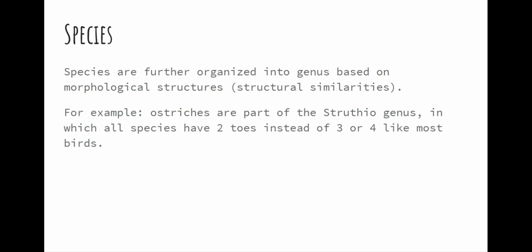So for example, ostriches are part of the Struthio genus, in which all the species in that genus have two toes instead of three or four like most birds. So if you looked up two-toed birds, the ostrich would be there, but there may be one or two other species of birds that fall under the genus of Struthio. Any birds that have three toes will have a different genus, and any birds that have four toes will have a different genus.